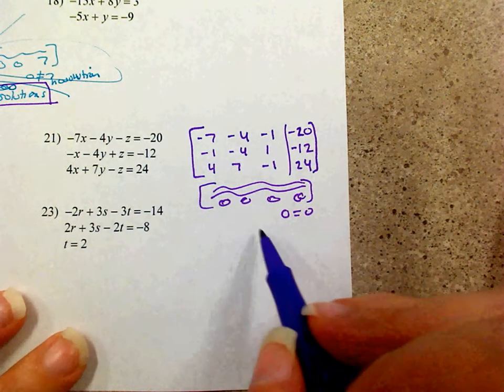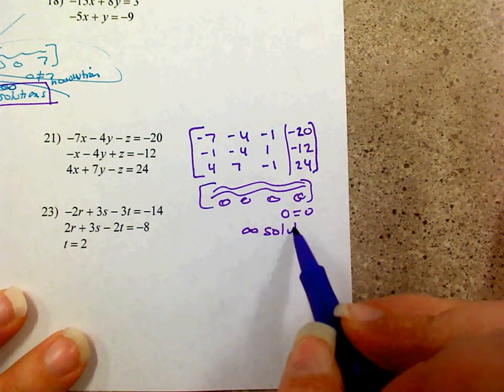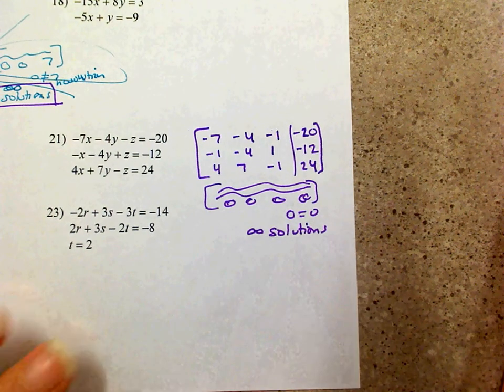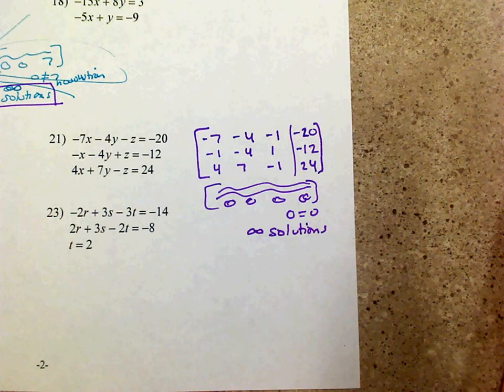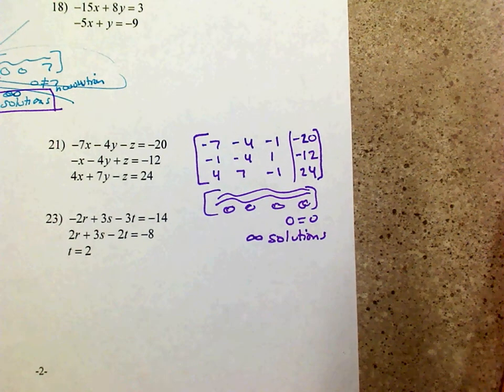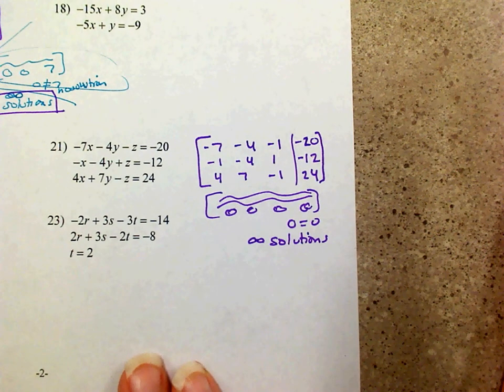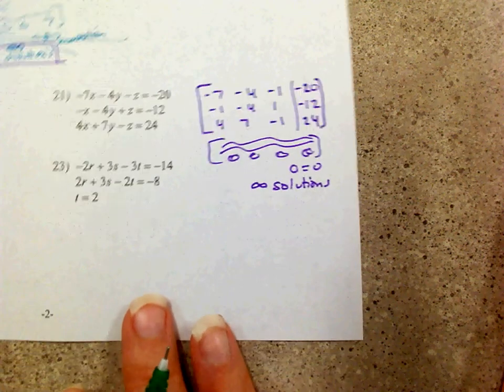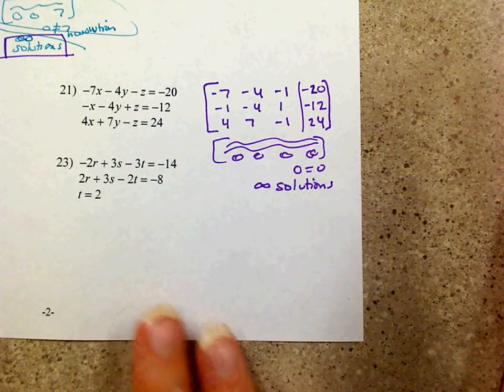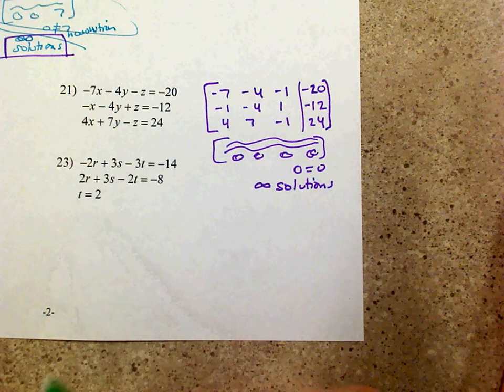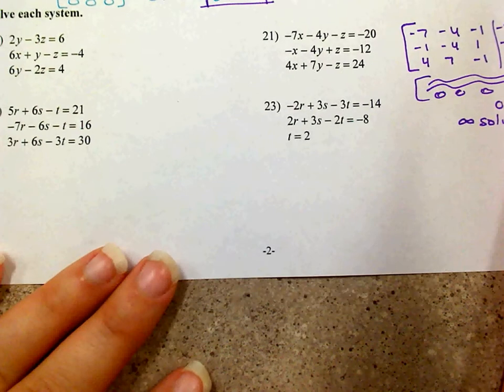Okay? So let's do 23. Are these in order? Yeah, they're fine. RST, RST, RST. So let's write down what matrix we would type in. What goes in first?